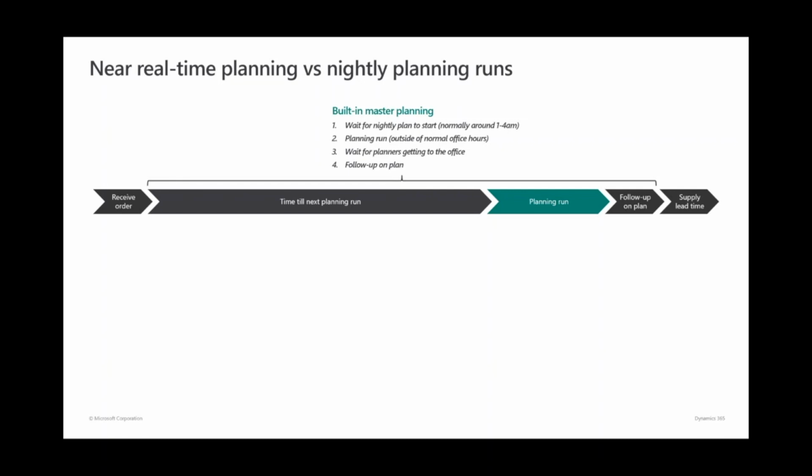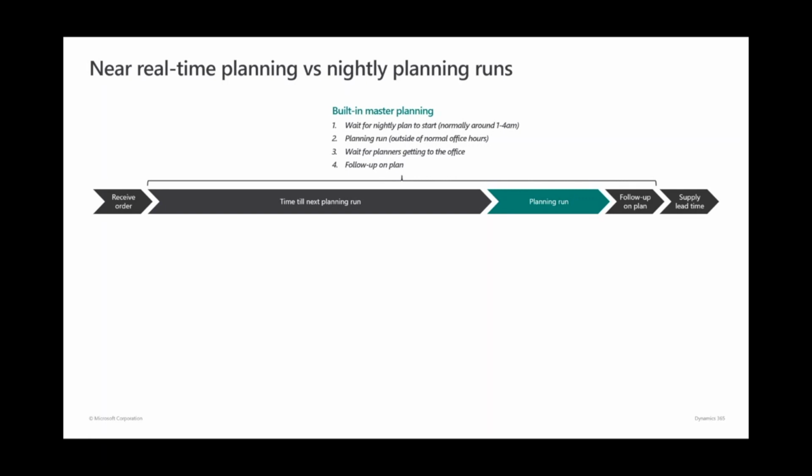When we're thinking about MRP planning and master planning execution, we do have at the moment a very long waiting time during the day until the next planning run is getting executed. So normally the execution is happening around 1 a.m. and 4 a.m., depends on the time zone and depends on the business you're in. But that's normally the period in time where we do see planning is getting executed. Okay, so the planning run is getting executed.